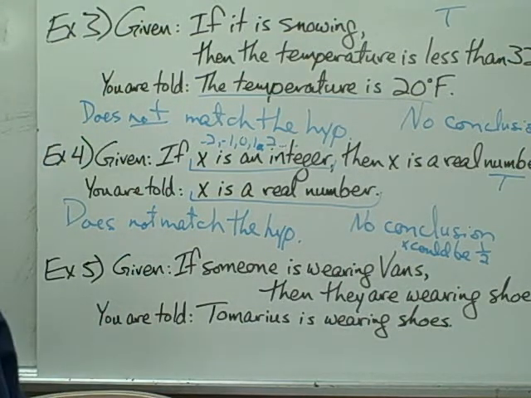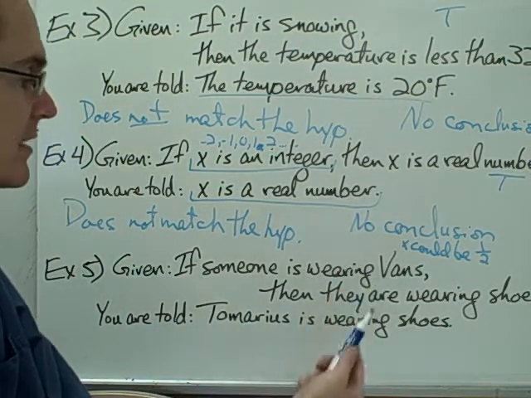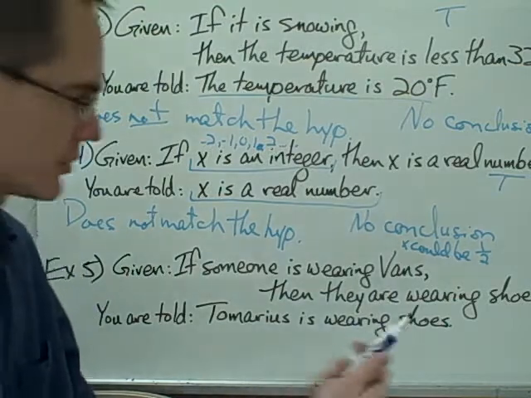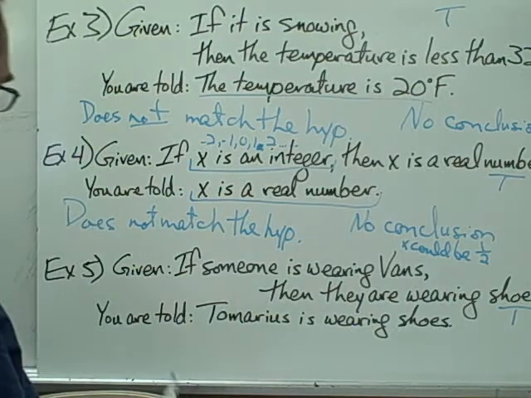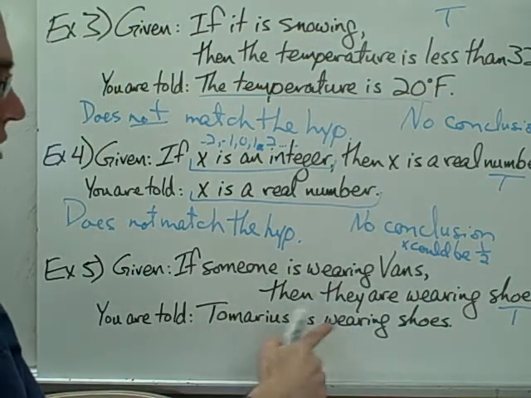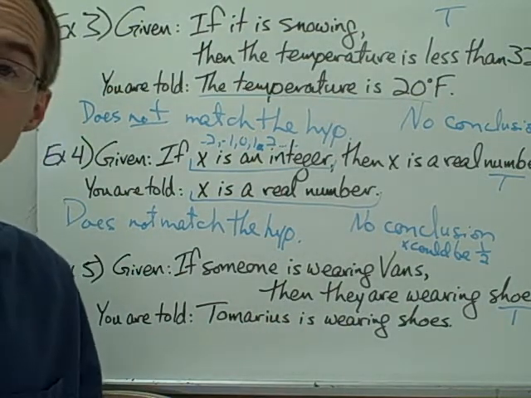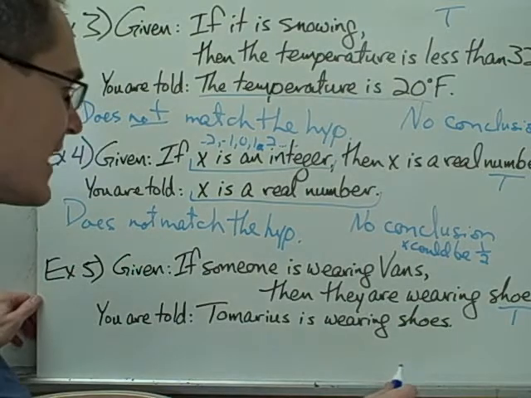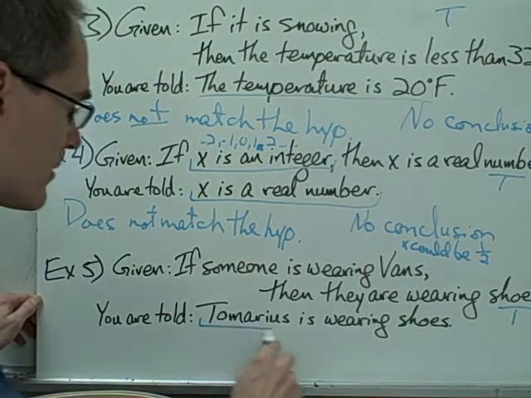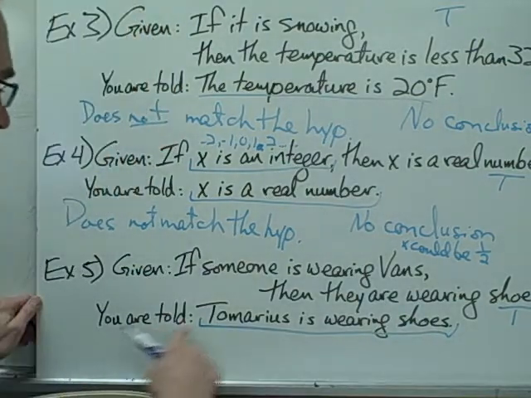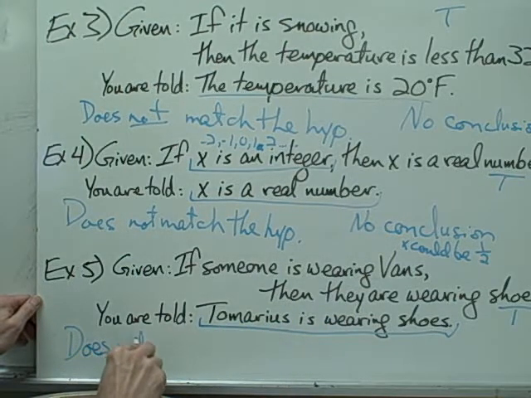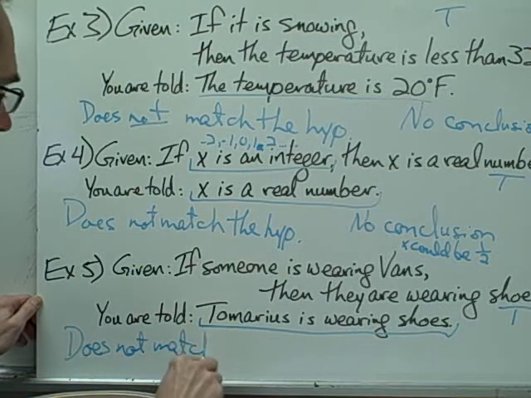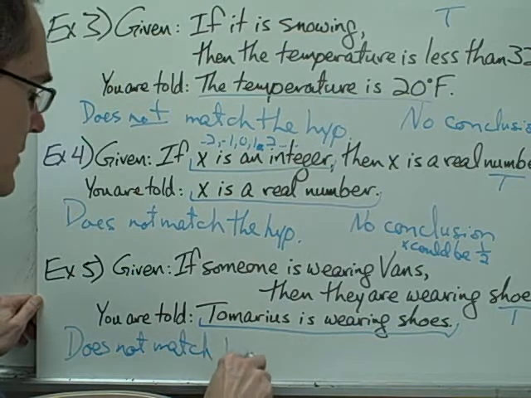Example number 5. If someone is wearing Vans, then they're wearing shoes. That's a true statement. Vans are a particular type of shoe. I'm told Tamarius is wearing shoes. What can I conclude from this? Well, again, I can't conclude anything because this part that I'm told does not match my hypothesis.